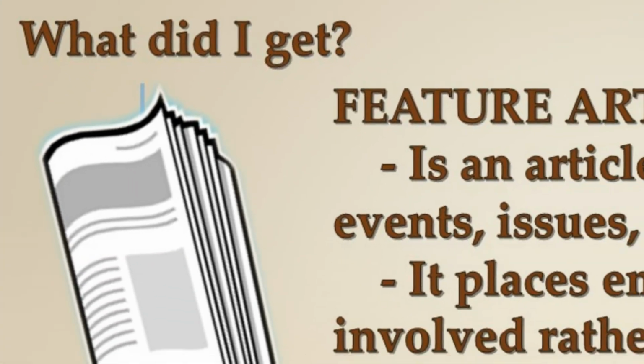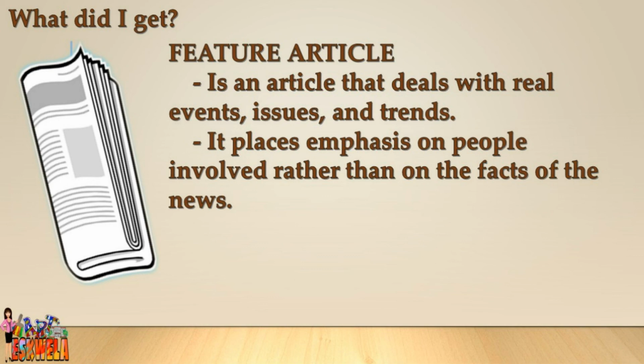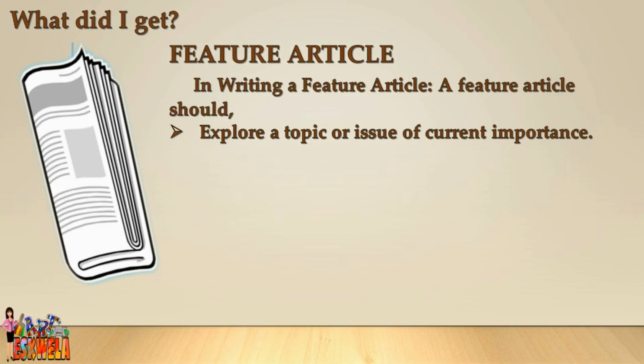Before we proceed to the next activity, let us go over and remember the important ideas you have gained from the lesson. A feature article is an article that deals with real events, issues, and trends. It places emphasis on the people involved rather than on the facts of the news.